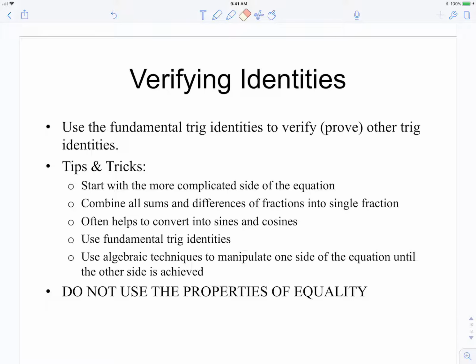And then, like before, it's helpful to convert everything into sines and cosines if you don't see anything else you can do. And then just use those fundamental trig identities. All of these identities that we're going to verify now are going to be using the identities that we have above. So the Pythagorean ones, remember, are the only new ones to this lesson.